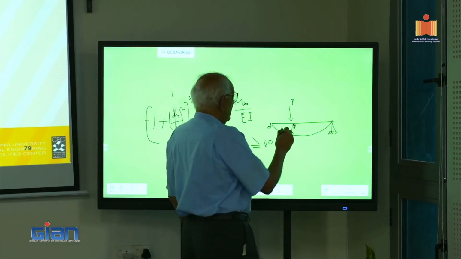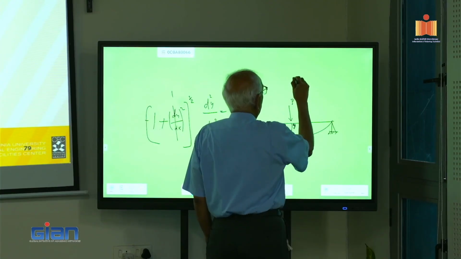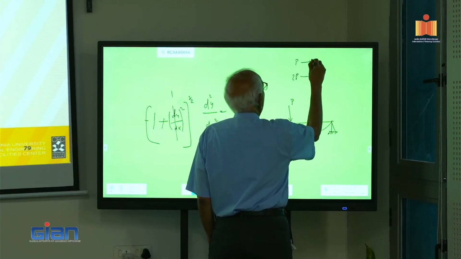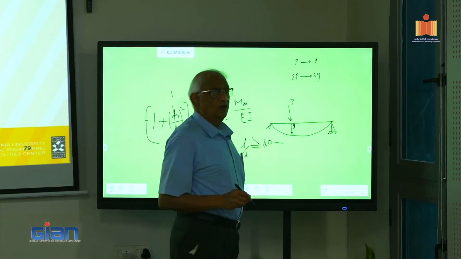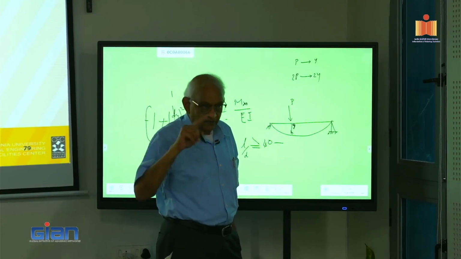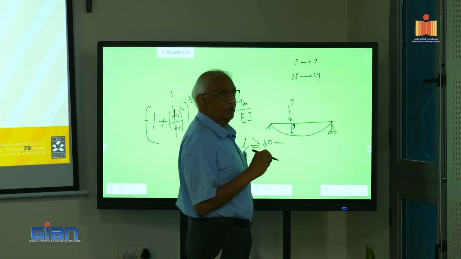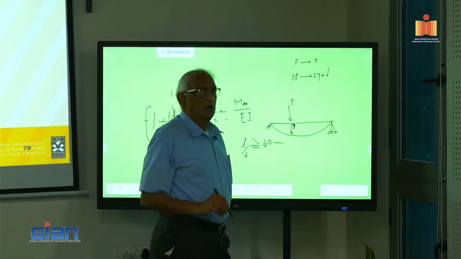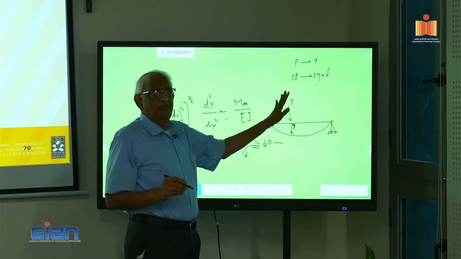This y, when I apply p, I got y. When I apply 2p, will I get 2y? No. That's where the nonlinearity comes into the picture. So we are not dealing with that range.